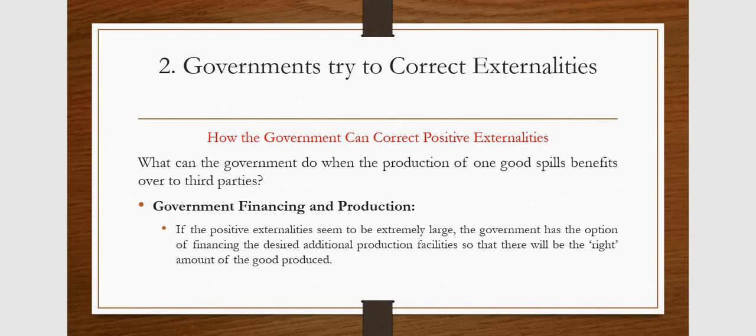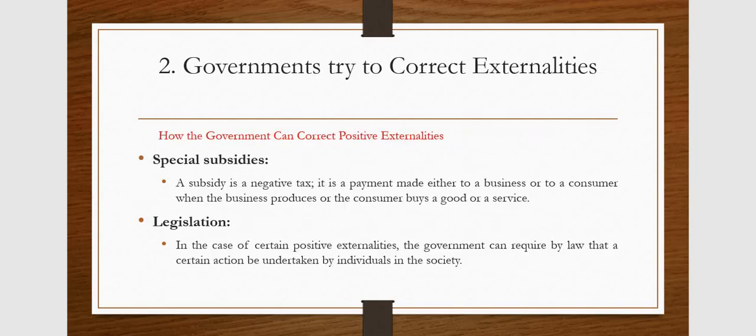And also we have special subsidies, right? And so subsidy is what, a negative tax. And so if you are buying fertilizers to plant trees in a certain neighborhood, and these trees are helping those staying in your area, it means the government can then reduce the price of that particular fertilizer.